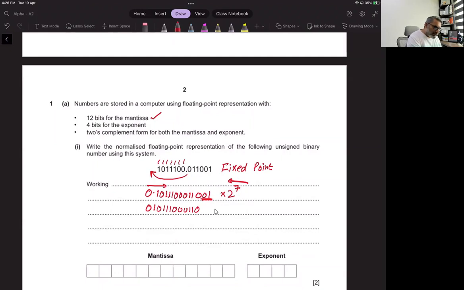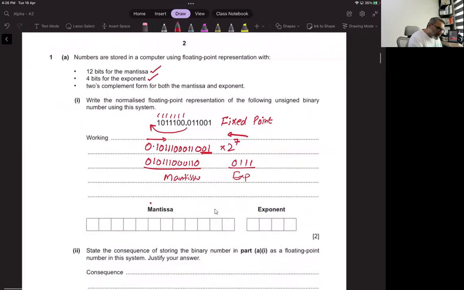So we have lost these two least significant bits. And then we have got 7. 7 for 4 bits. So 1, 2, 4, 8. So this is your answer. 0, 1, 0, 1, 1, 1, 0, 0, 1, 0, and your exponent. This is your exponent, and this is your mantissa.